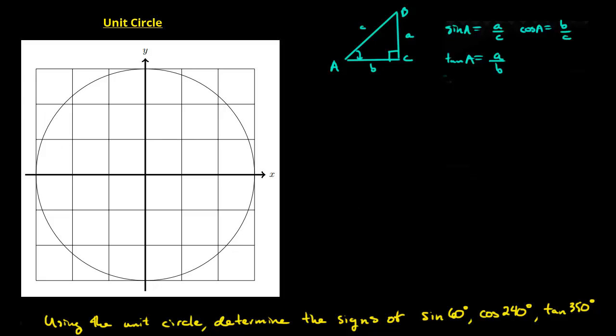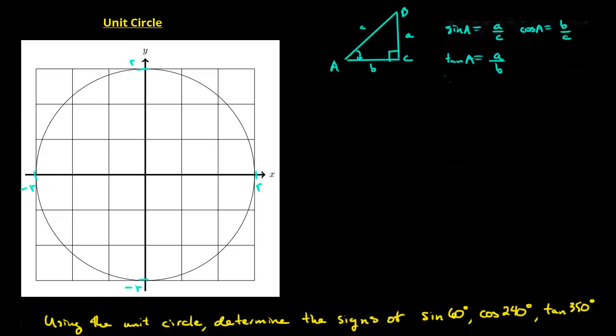So let's suppose that I have a circle drawn here, and the circle has radius r. Okay, so this is r, this would be negative r, this would be negative r, and this would be positive r.